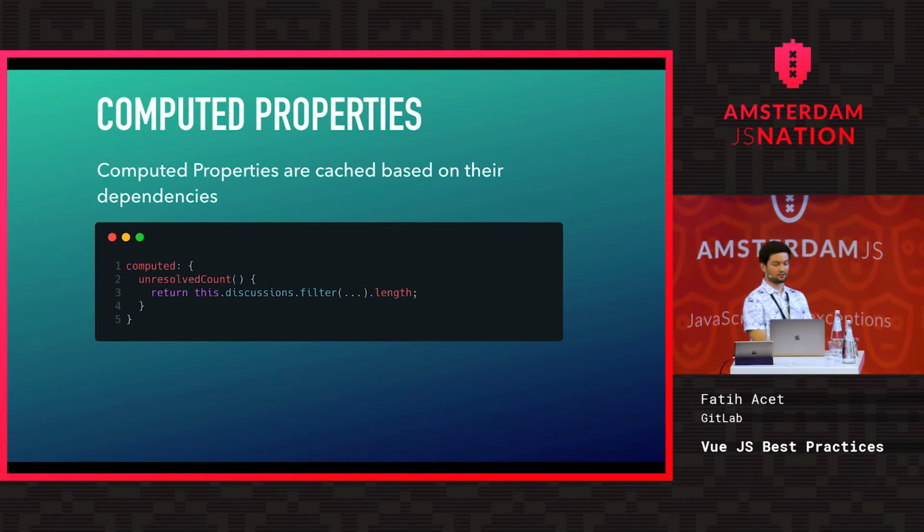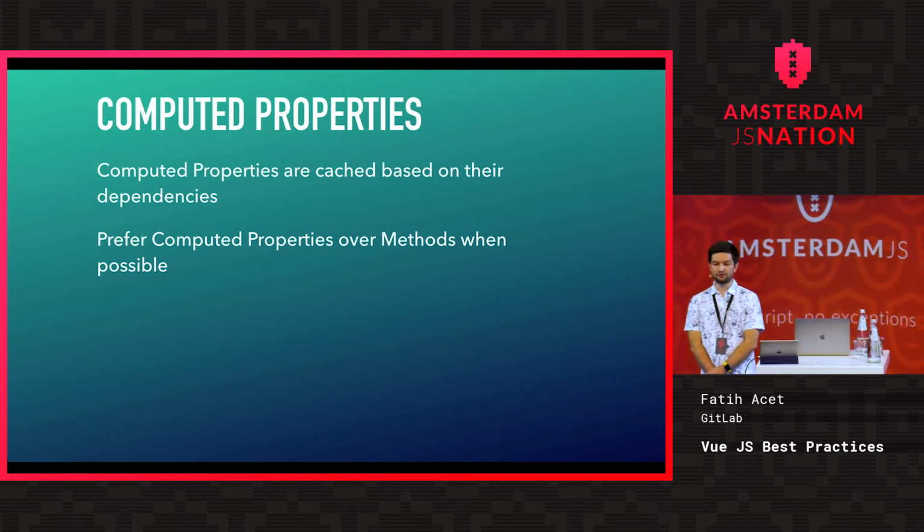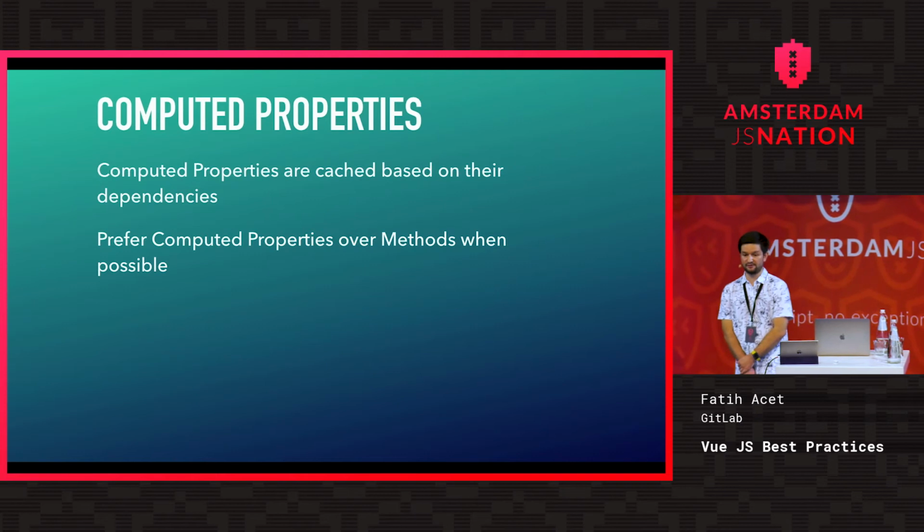So there's a computed property in here which calculates the unresolved count. We could basically do the same as a method, pretty much the same thing, and then we can use it in the template. But computed properties are cached, so it is a better idea to use computed properties instead of methods if possible.